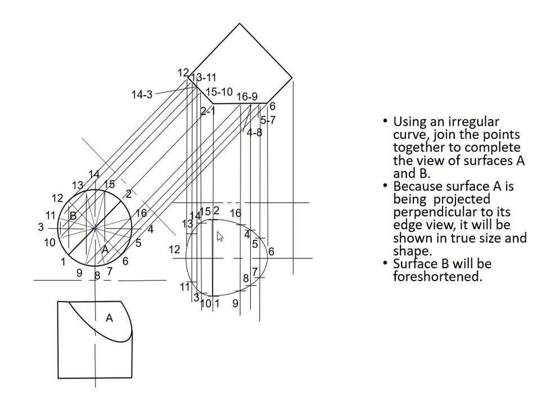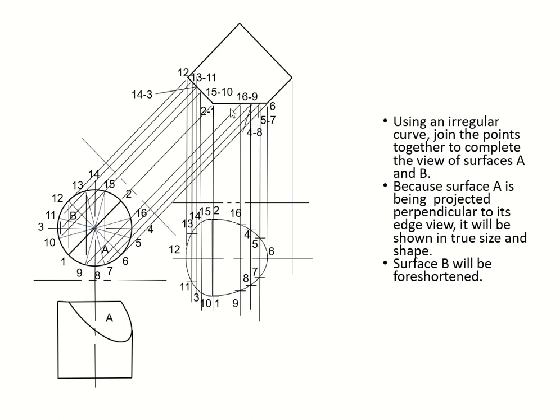When we draw our secondary auxiliary view right there, you can see surface B is foreshortened. Surface B is foreshortened in our right side view, because your surface A is completely projected perpendicular, as an edge view.